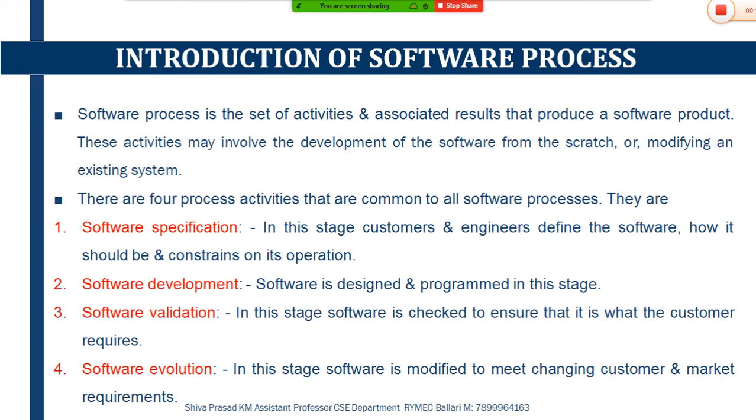Once you deliver that product to the specific customer, that software has to be well maintained, and that maintenance is carried out with the support of software evolution. Software evolution is an activity where we are going to maintain the software product which has been developed and tested in the previous stage.